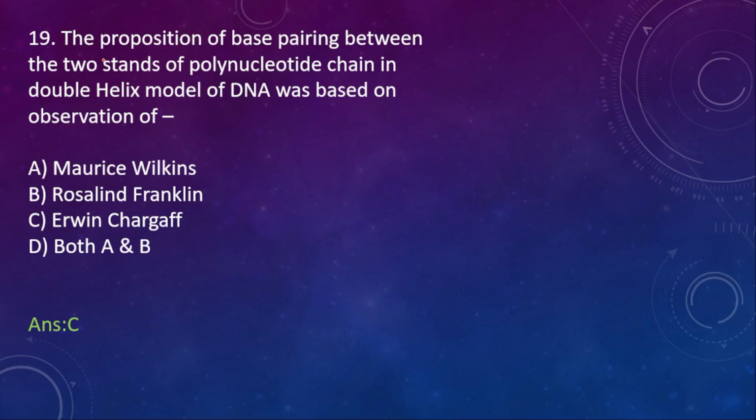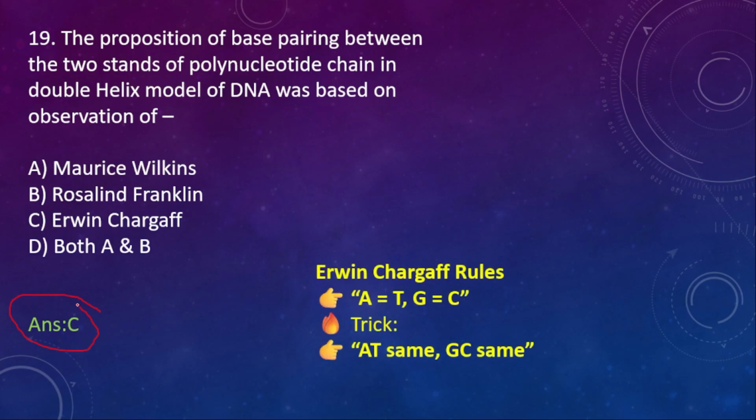Next, the proposition of base pairing between two strands of the polynucleotide chain in the double helix model of DNA was based on the observation of: Morris Wilkins, Rosalind Franklin, Erwin Chargaff, and then both A and C. Already the answer is revealed, that is C. What does Chargaff's rule say?